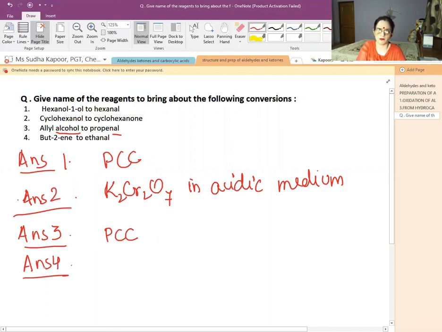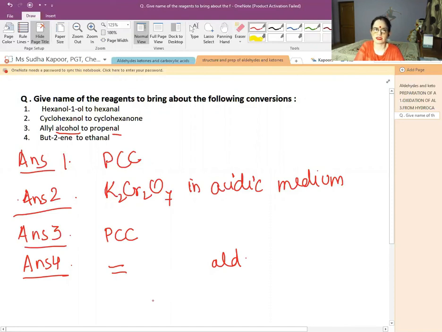Now the fourth part, butene to ethanal. So in order to do such questions that have a difference in the number of carbons, basically what we follow is we have to convert a double bond into aldehyde. A double bond into aldehyde can be converted by using ozonolysis, and it is also the method by which converts a thing into two smaller parts.